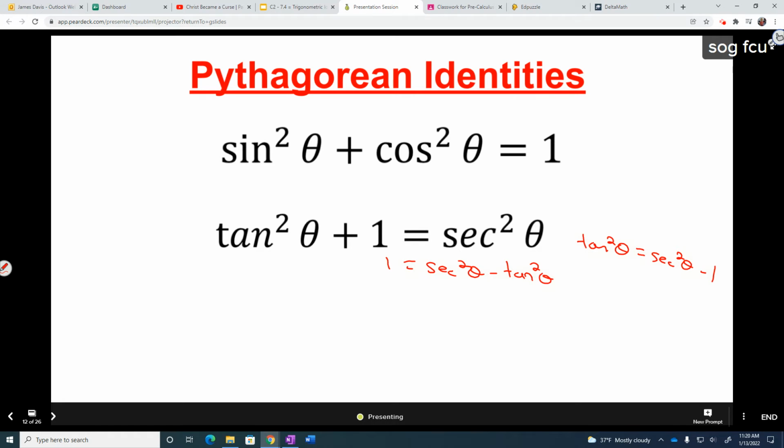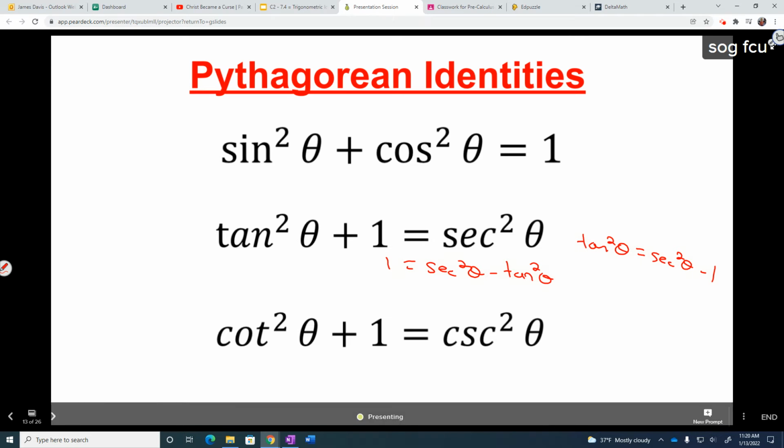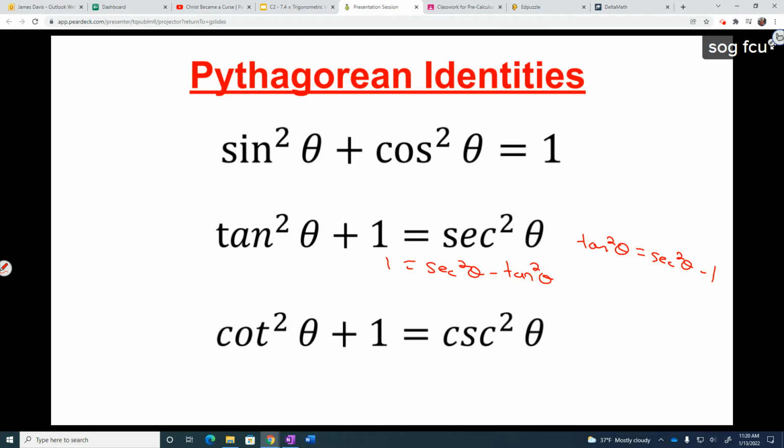And the third one, cotangent squared theta plus 1 equals cosecant squared theta. And again, this one could be rearranged.